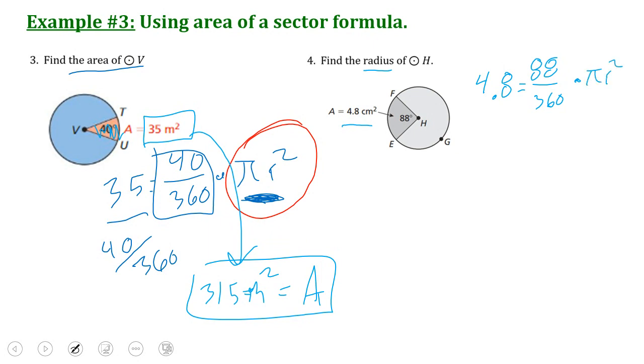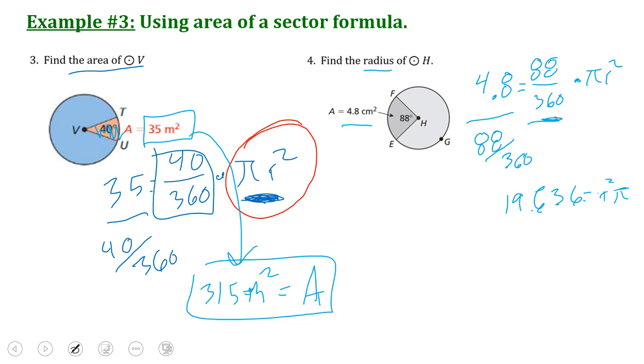All right, so we're going to have to do a little bit more, but not too much more. Same thing, divide both sides by the fraction here, right? So 88 divided by 360. I got 19.636 equals r squared times pi.